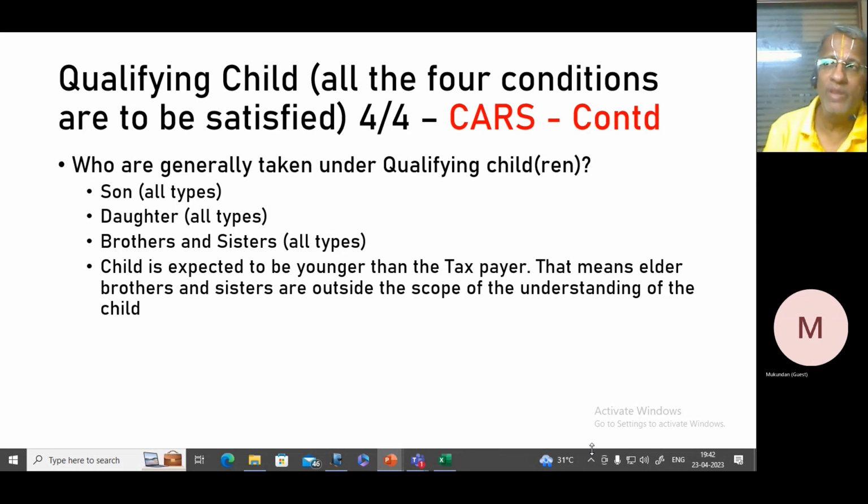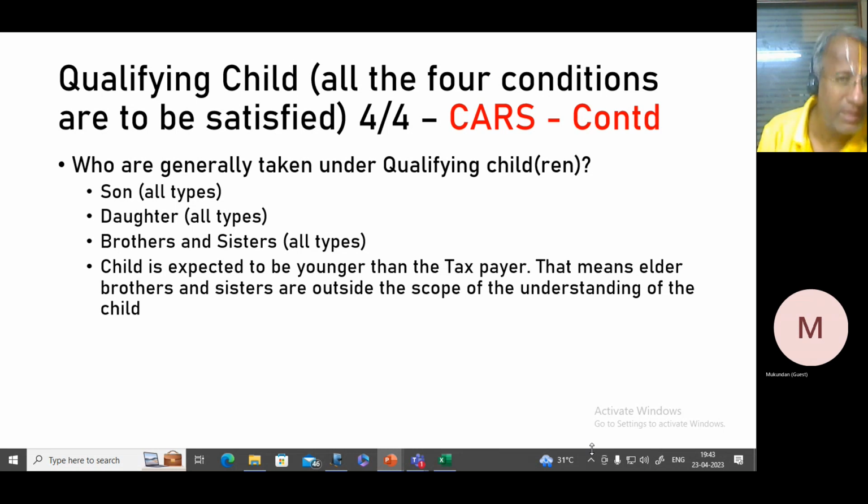Then one important thing is that whatever you take up as a qualifying child dependent, for that particular purpose, that is qualifying child or qualifying relative, especially qualifying child, we are expected to have a certain age limit. What is that age limit?